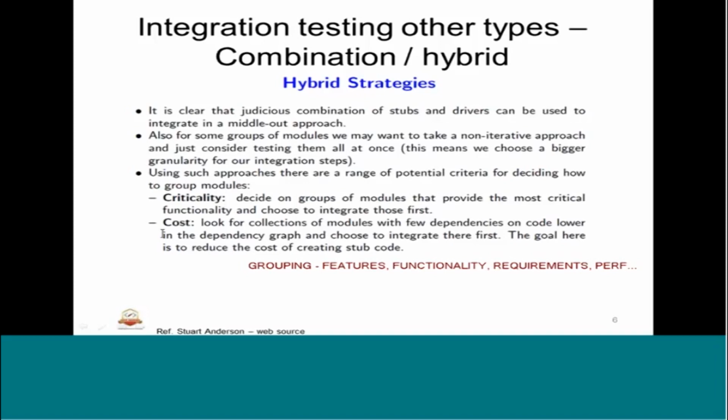So we need to take a judicious decision based on how much cost the development of stubs has. If it is going to be too much, then we need to collect such modules which have far fewer dependencies on the lower part of the code, so that we don't have to have many stubs and the cost is appropriately taken care of. So these two are very important.